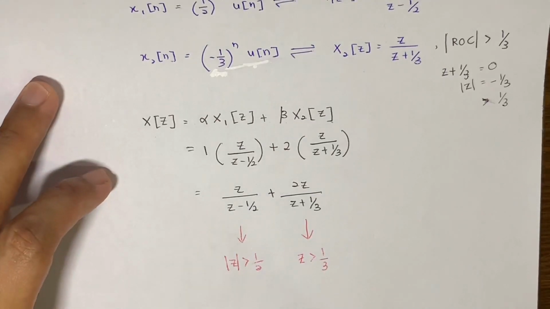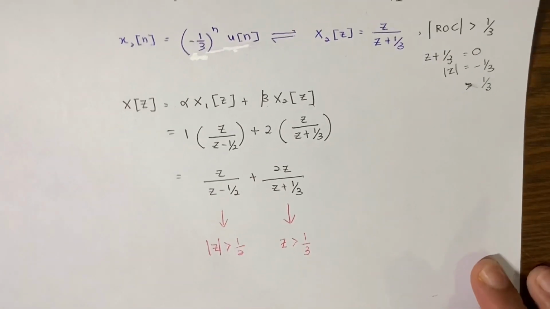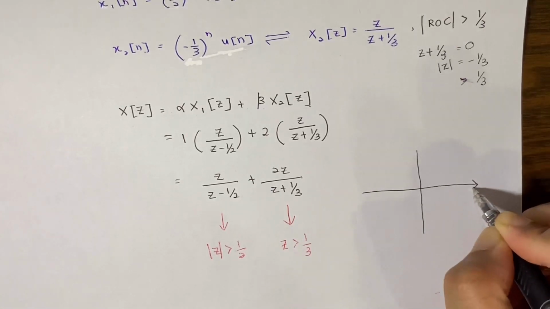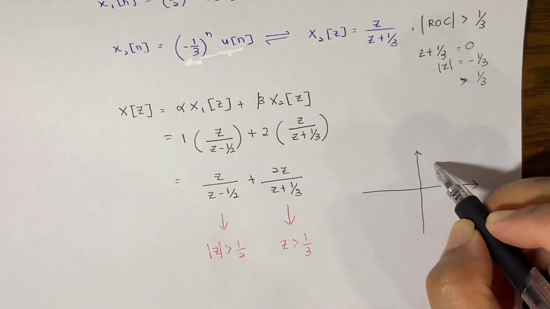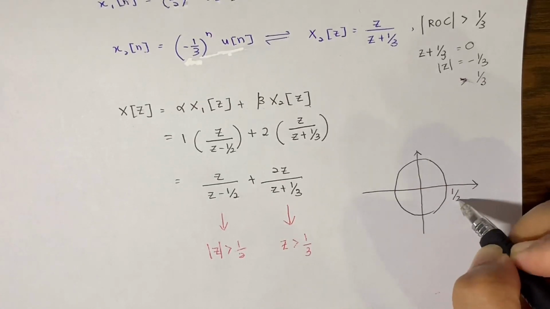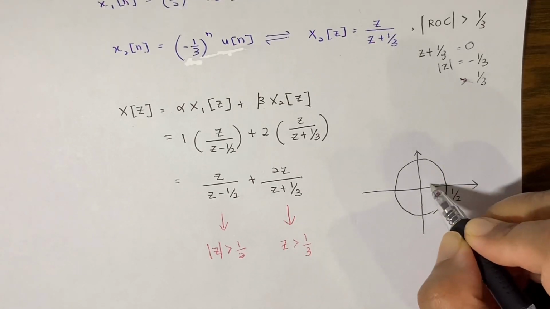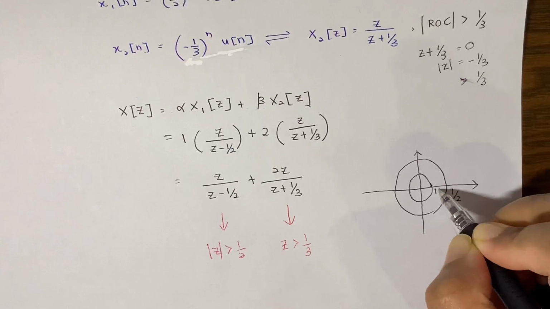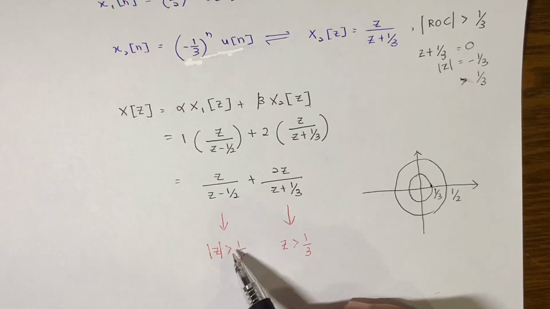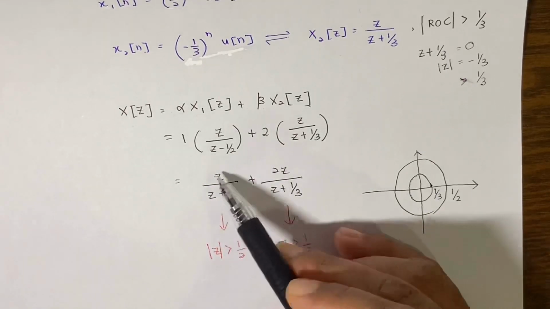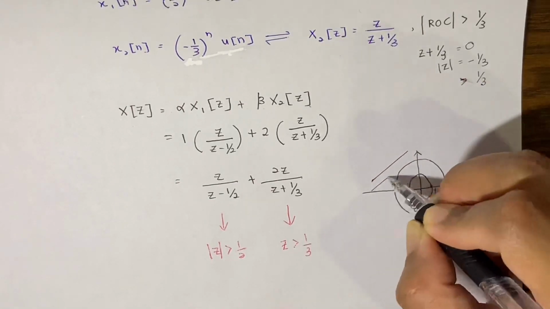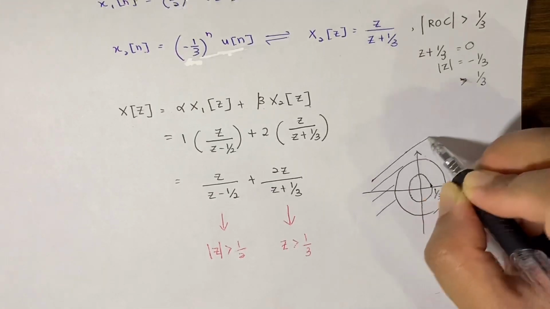Okay, I will draw for you. We have the Z plane here with two circles, at 1/2 and also 1/3, which is smaller than 1/2. Now we know that this ROC, this region, is greater than 1/2 for the first term.